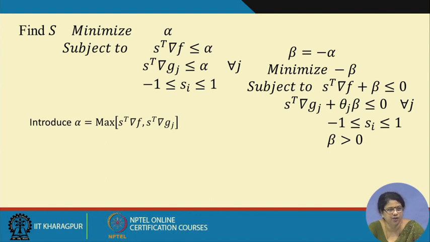0. Okay? That is why the original problem, we had original problem minimization of f(x) subject to g(x) less than or equal to 0. Now, it is becoming a problem of this kind: minimization of minus beta, subject to delta f plus beta less than or equal to 0, subject to delta g_j plus theta_j beta less than or equal to 0.